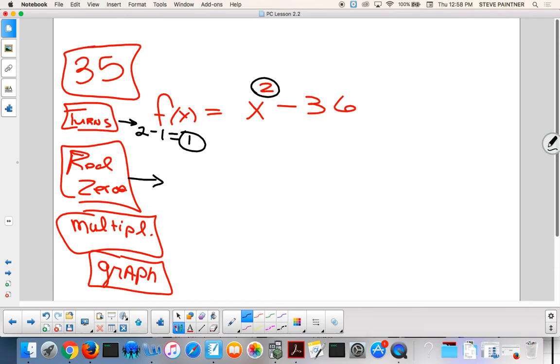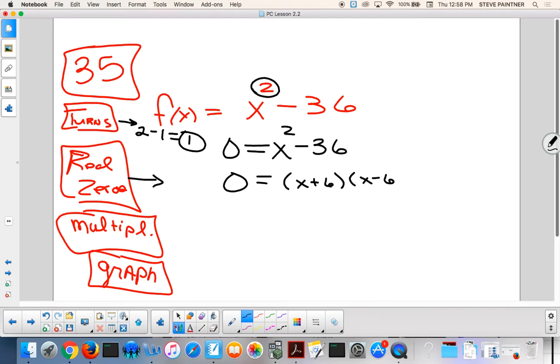Okay. All right, the real zeros. Well, you want zeros? Let f of x equal 0. If you factor it, what do you get? Plus 6. That's minus 6, right? Okay. But the zeros are what? X equals 6. X equals negative 6.